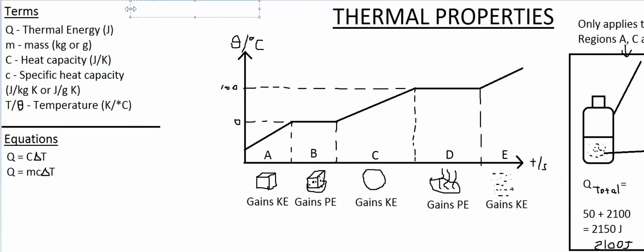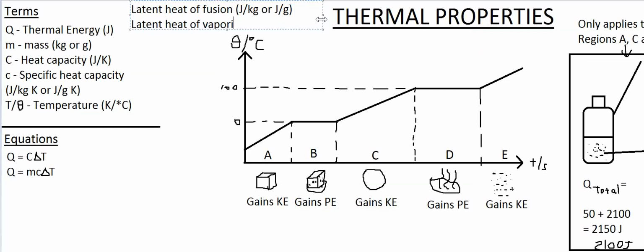You have the latent heat of fusion, represented in joules per kg or joules per gram, and you have the latent heat of vaporization, represented using the same unit.